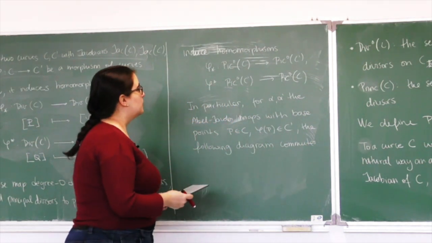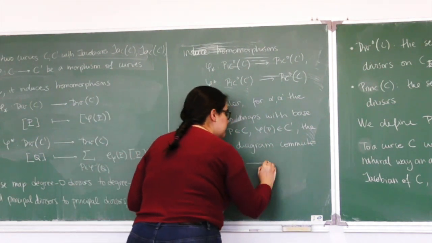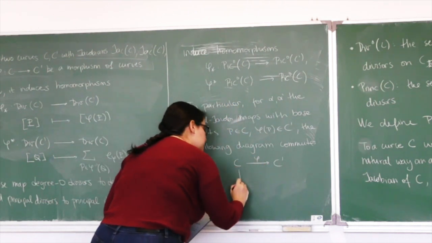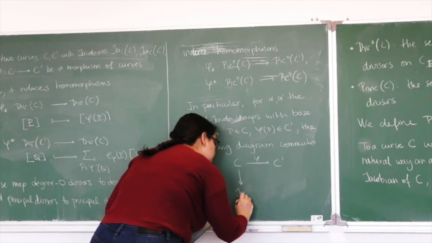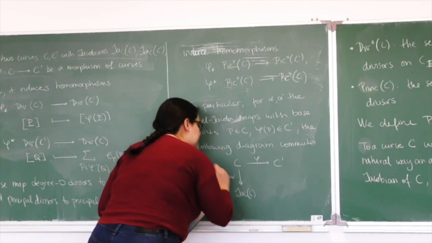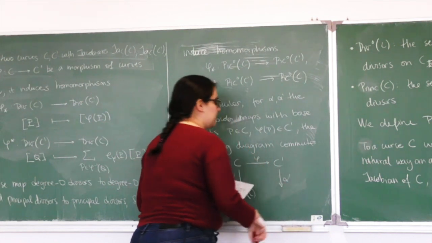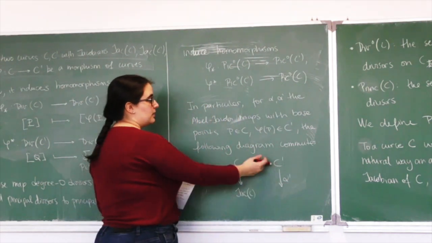So here we will take again curve C prime related with a morphism. From C to its Jacobian we can go via the Abel-Jacobi map alpha, and here we are taking the Abel-Jacobi map alpha prime that is compatible with this morphism.